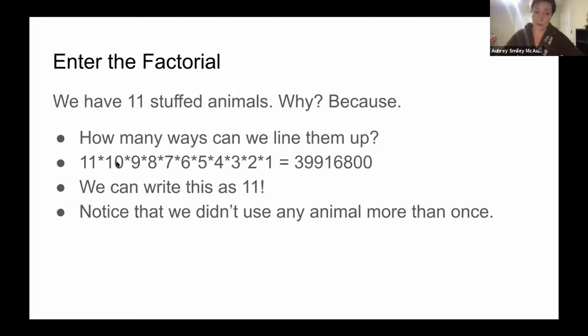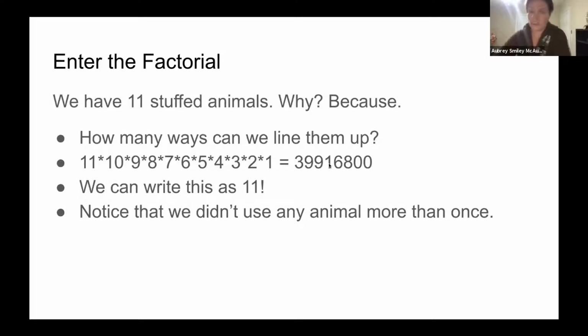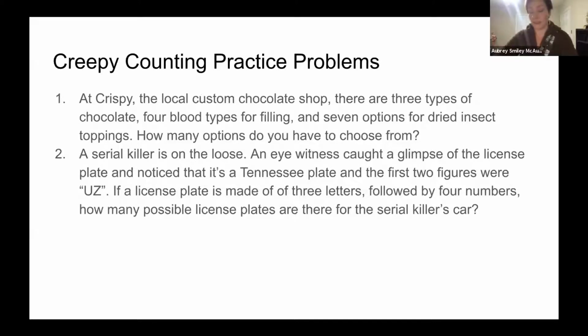So then there are 10 animals for the second step, and 9 for the third, 8 for the fourth, 7 for the fifth, etc. And we can write that as 11 factorial. So there are a lot of different ways you can line up 11 stuffed animals. And you can't reuse them. We'll see later situations in which you can have replacement, and that'll be slightly different.